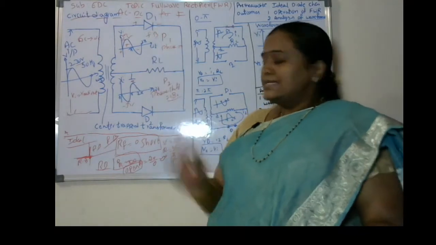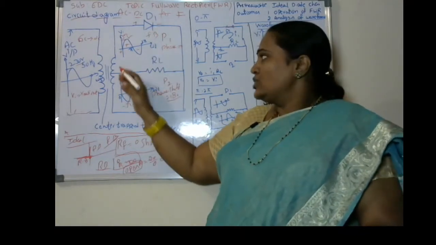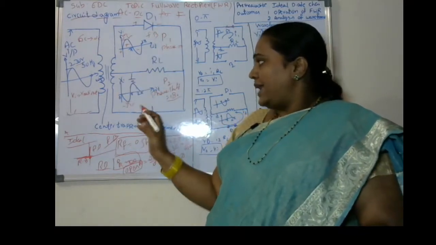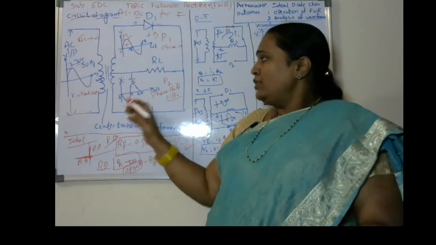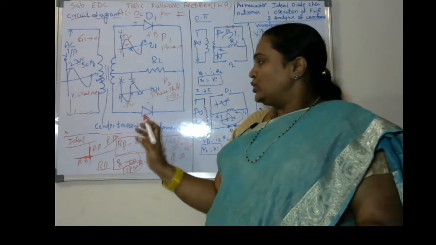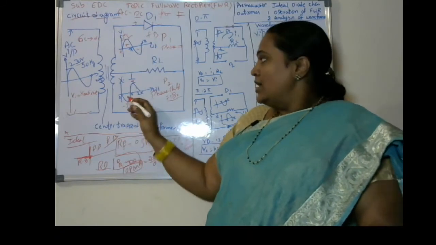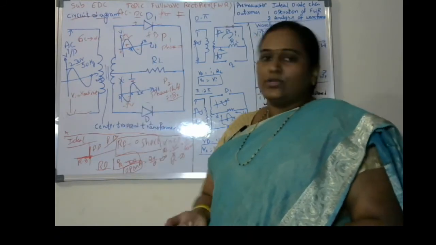When it comes to the second part, the voltage is also applied to diode D2. If you observe, diode D2 is going to get the negative cycle voltage, or minus 5 volts.